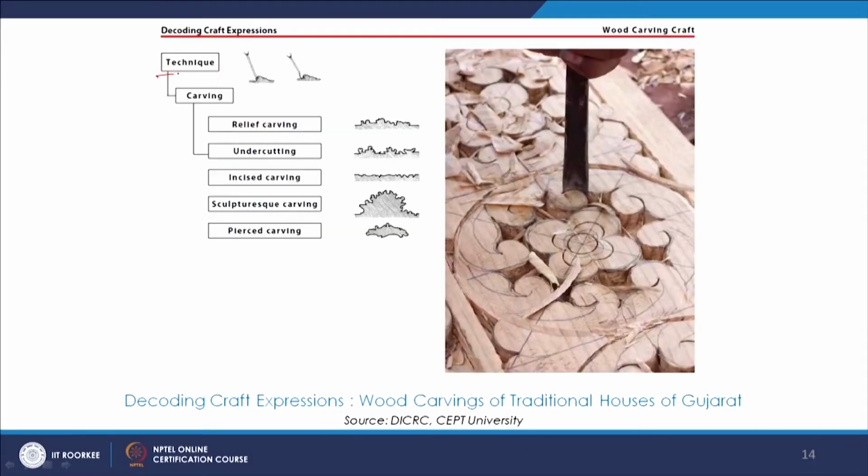Again, seeing the technique being discussed, carving, and within carving these are the 5 techniques that have been mentioned: relief carving, undercutting, incise carving, sculpturous carving, and pierce carving.